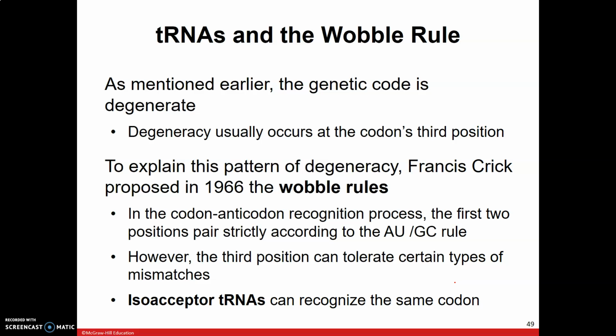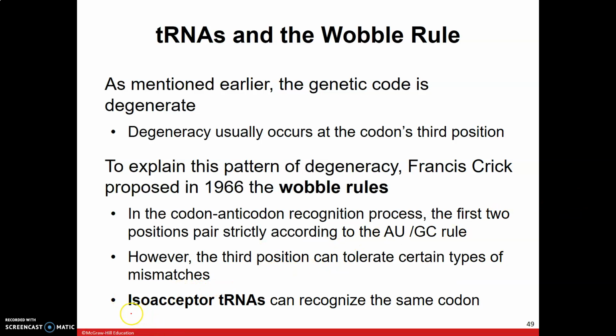In other words, the ribosome is paying attention to, for the most part, the first two amino acids, because this has to happen really quick. And so by the time the third hydrogen bond is formed between the third nucleotide in the codon-anticodon pair, sometimes a mismatch occurs.